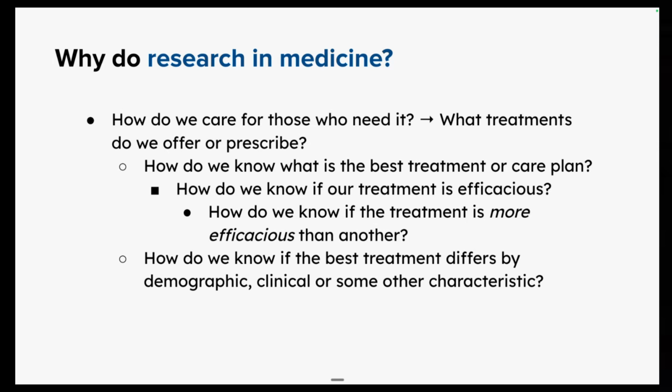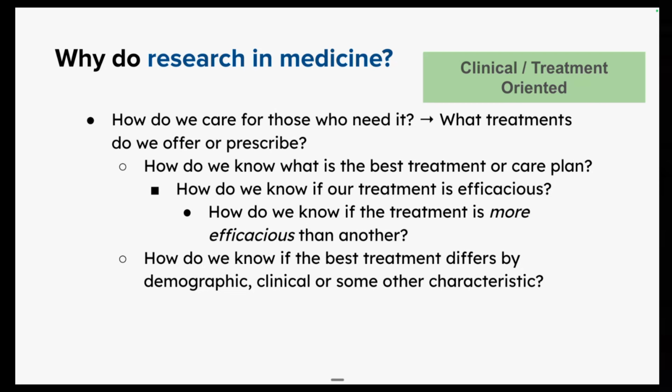And then, how do we know if the best treatment that we give to one patient is the best treatment for another patient? So the treatment for the patient we saw today, is it also the best treatment for the patient that we see tomorrow? Again, more research questions, a ton, even just from thinking about one single treatment, one single therapeutic area or disease type. So these are all clinically oriented questions.